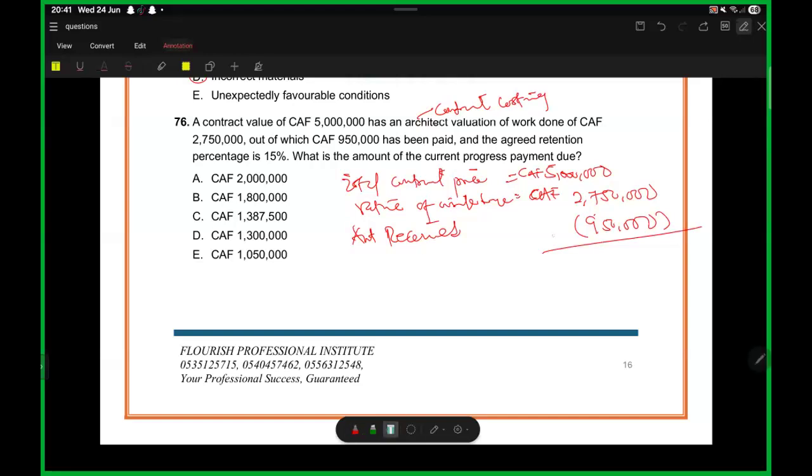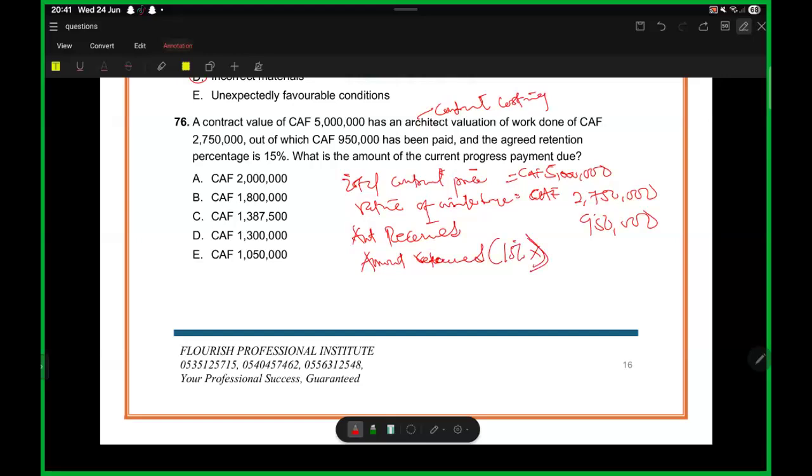Okay. So let's say this is the amount. I'm not hearing the figures you are mentioning, but the amount received so far is 950, right? And then let's look at the amount retained. So retention. They said 15% of the work done.